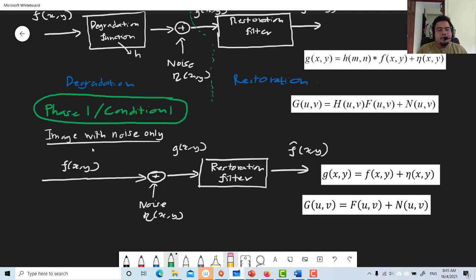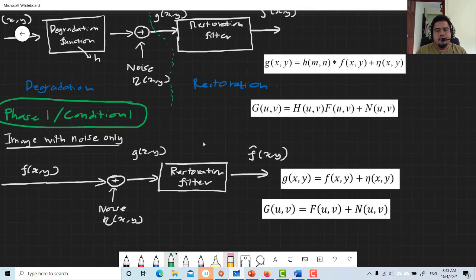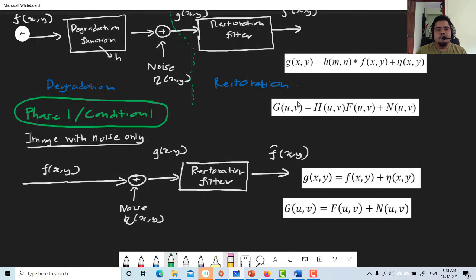Now in phase 1, just assume that our image G is only affected by this noise, meaning the image itself is free from the degradation function, which comes from blurring factors. From this equation, as you can see, it can be simplified.